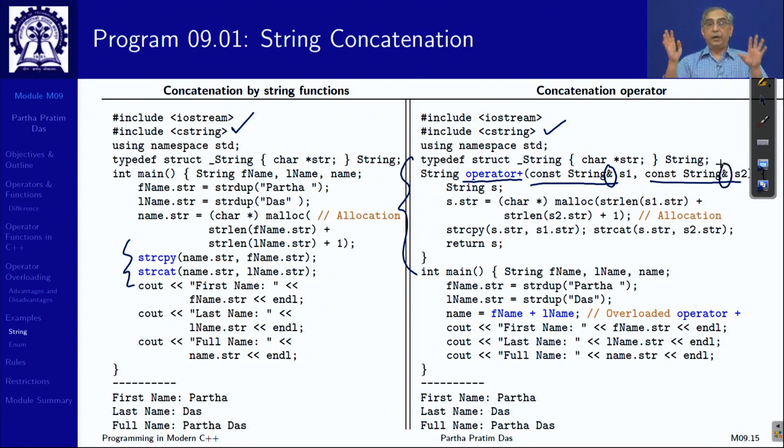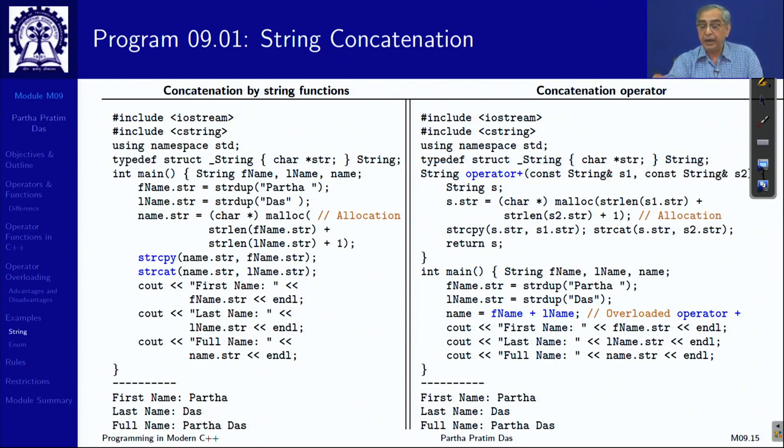Certainly, you do not want the operator plus to do something so that your original string gets changed, so you make it const, and you return by value, because what you have got by doing this is a new string. It did not exist, so you cannot have a reference for that. So, in the actual terms, you do proper allocation of space for the concatenated string.